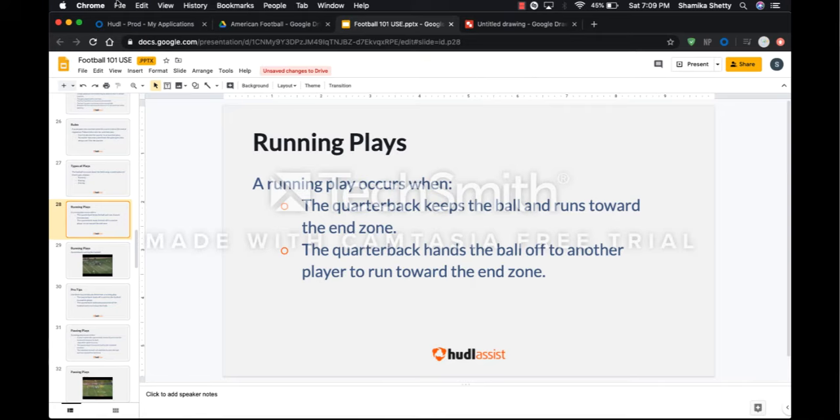Also, when the quarterback hands over the ball to the other player. By handover, I mean when he is just underarm passing the ball hand to hand to another player of his team, and then that player is running with the ball across towards the end zone. This gesture is also known as a run play.